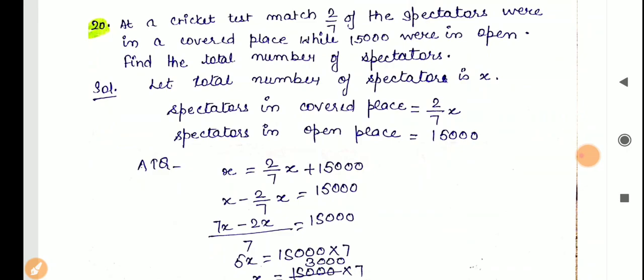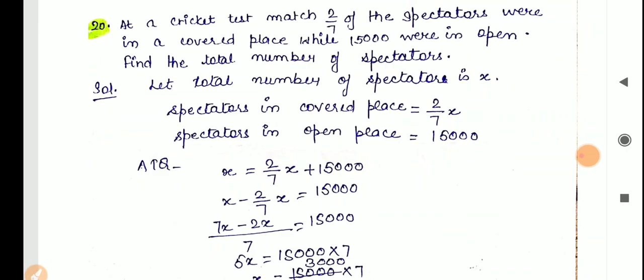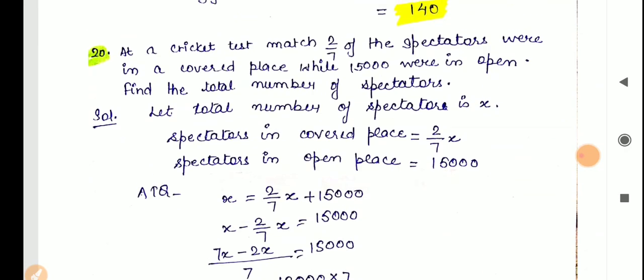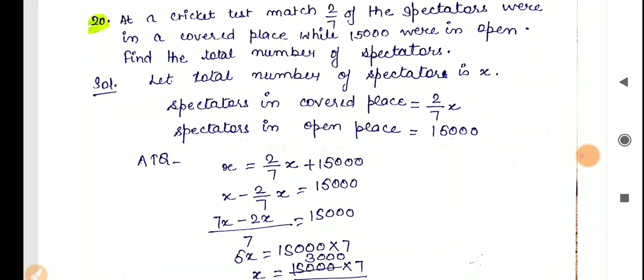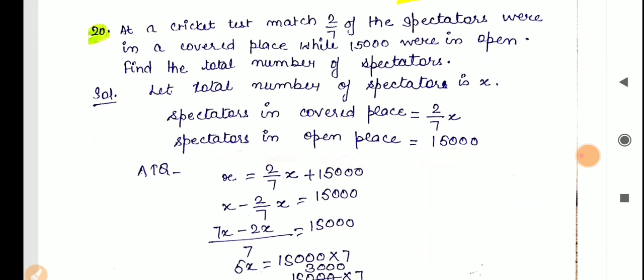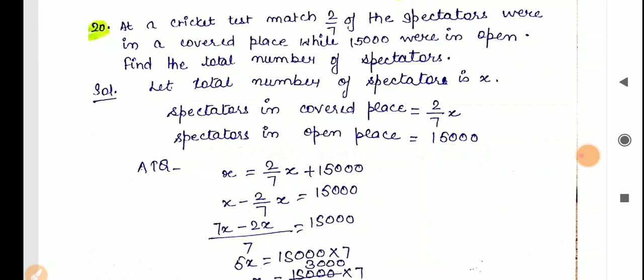Now last question of this exercise is, at a cricket test match, 2/7 of the spectators were in a covered place while 15,000 were in open. Find the total number of spectators. So a cricket match, I hope many of the students are fond of cricket, right?